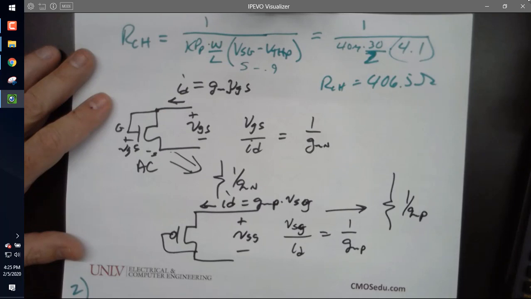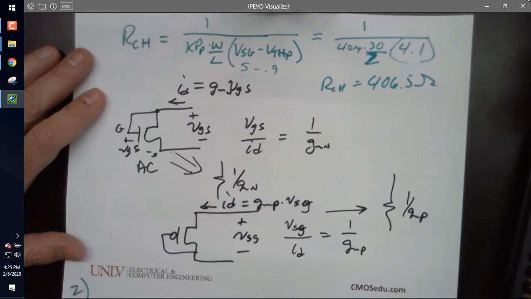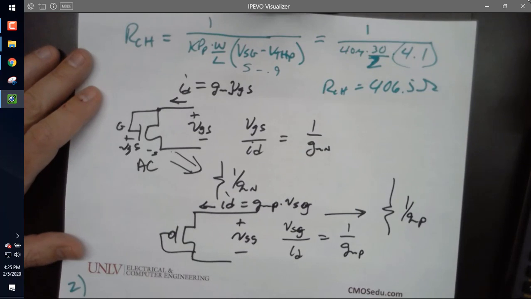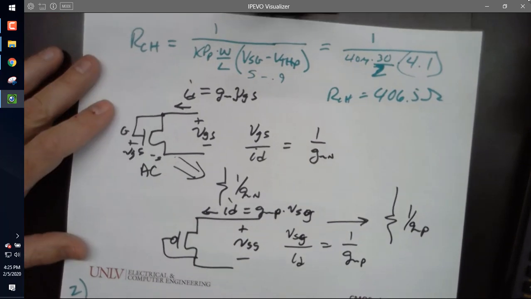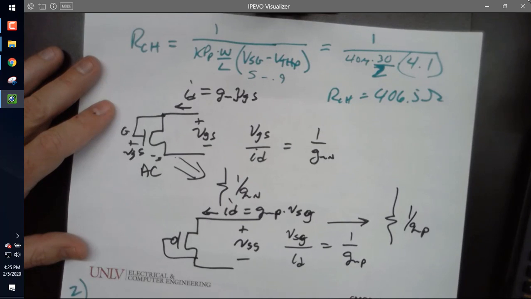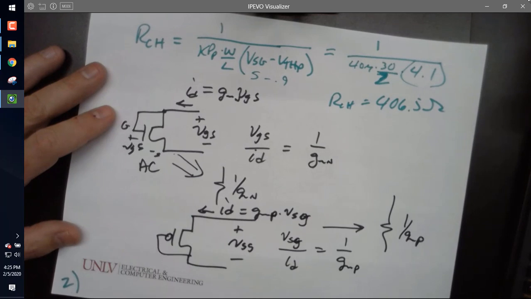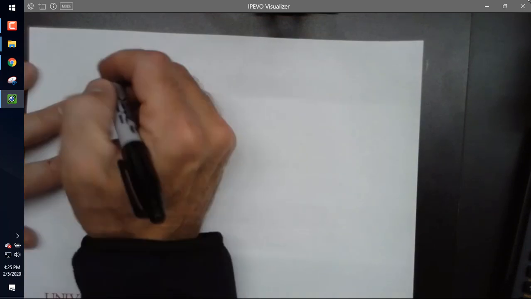So you should memorize that, because when we do current mirror loads for diff amps in chapters 20, 22, etc., we're going to use that. We good to go? All right, so we know our parameters. So I'm going to redraw the circuit now to look like this.